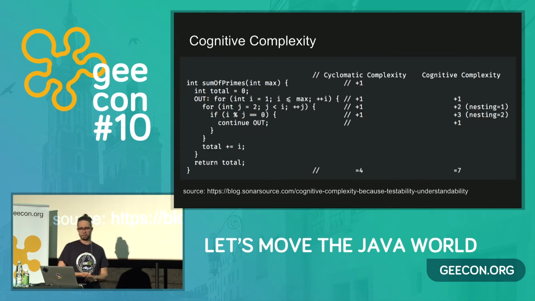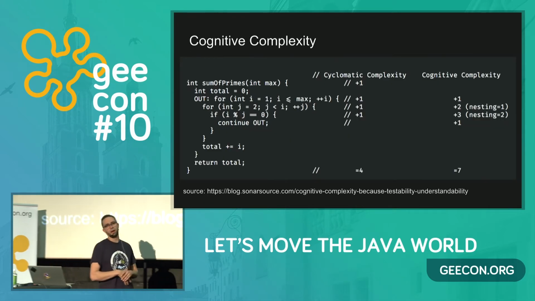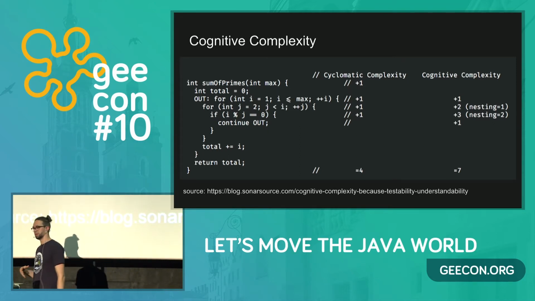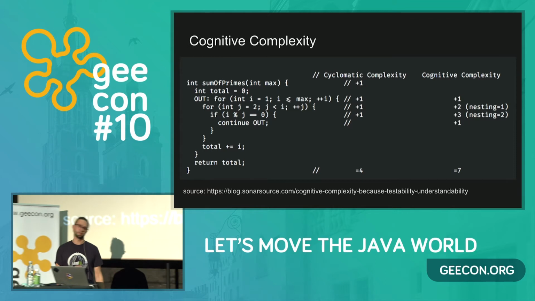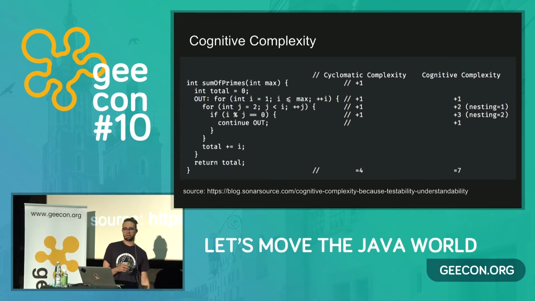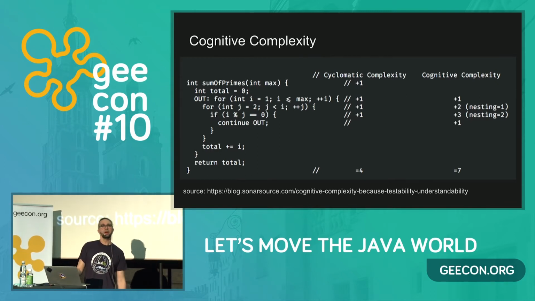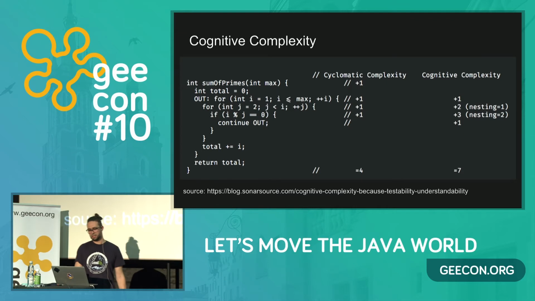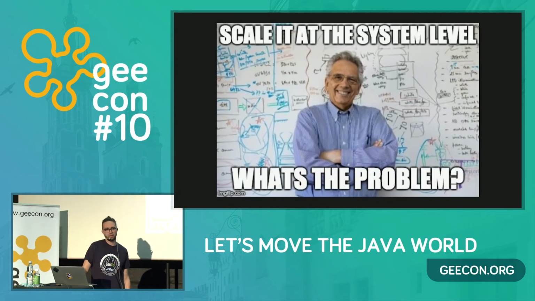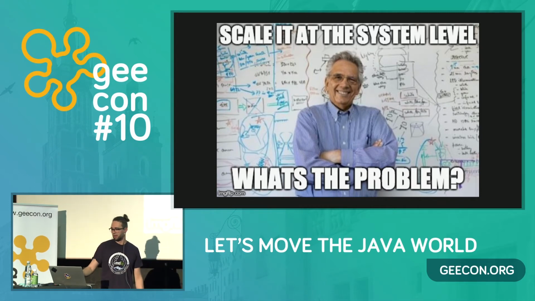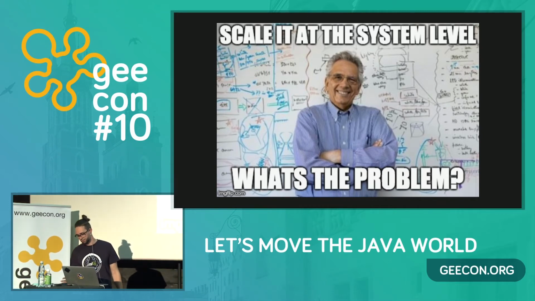So the SonarQube group has developed something on top of that, which is cognitive complexity. It's McCabe's cyclomatic complexity with a few more constraints that can fairly well describe the cognitive complexity of a method or a function or a class. So what's the problem? Let's just take this definition and scale it to the system level.